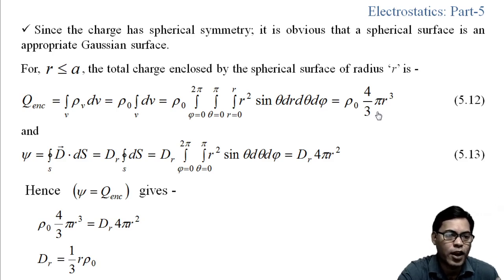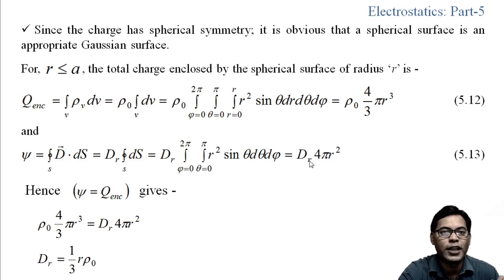Now we want to find out the flux coming out, or the total flux coming out through the Gaussian surface. So total flux equals the closed surface integral of D dot ds, again the same way, equals Dr surface integral of ds. Here surface integral of ds we can find out, that is Dr integration phi equals 0 to 2 pi, integration theta equals 0 to pi, r square sin theta d theta d phi.